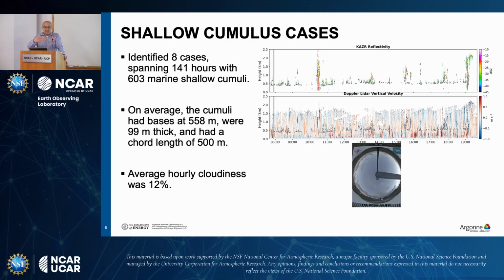That updraft will take 500 seconds to go from the surface to the cloud base. Now the horizontal wind speed is about 6 meters per second. So by the time you arrive at the cloud base level, you are almost 3 kilometers away from where you started at the surface. You know what I mean?